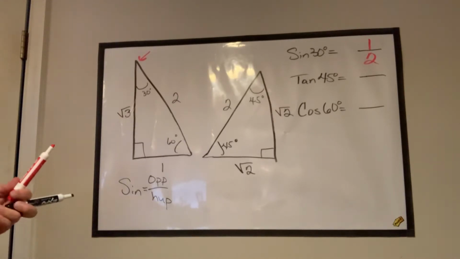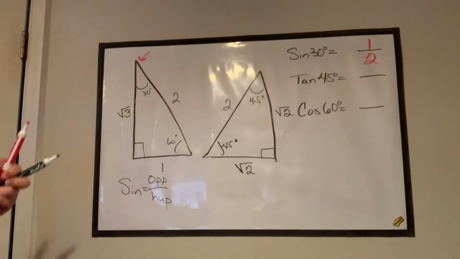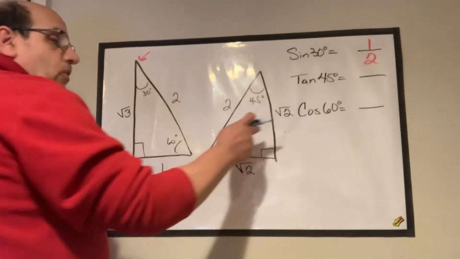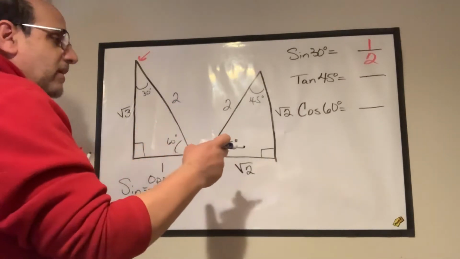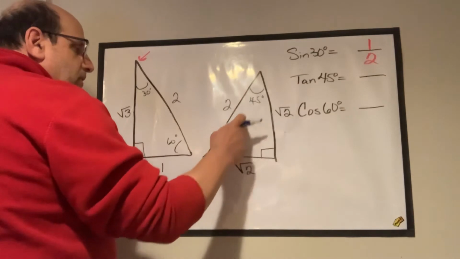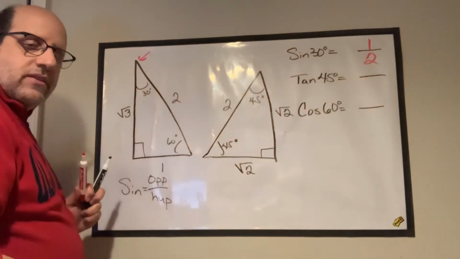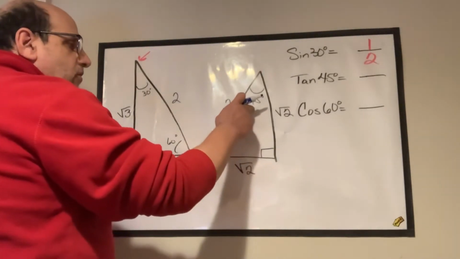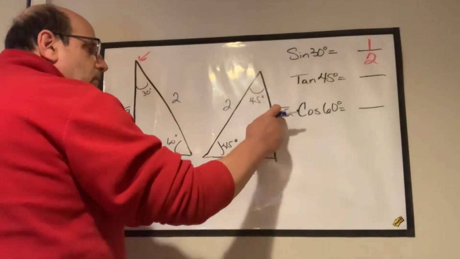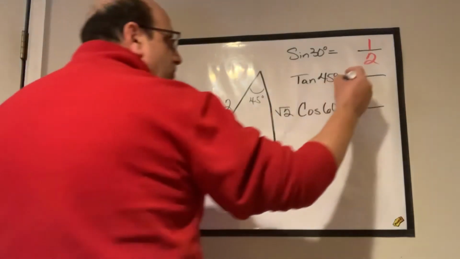The next one says, what is the tangent of 45 degrees? And everybody knows the tangent of 45 degrees, or you will momentarily, because we're going to talk about 45 degrees, and we can pick either of these 45-degree angles. It'll be exactly the same. If we choose this one, the opposite is square root of 2, and the adjacent is the square root of 2.